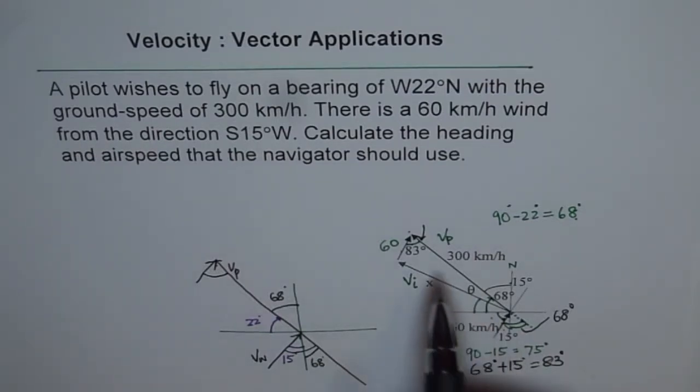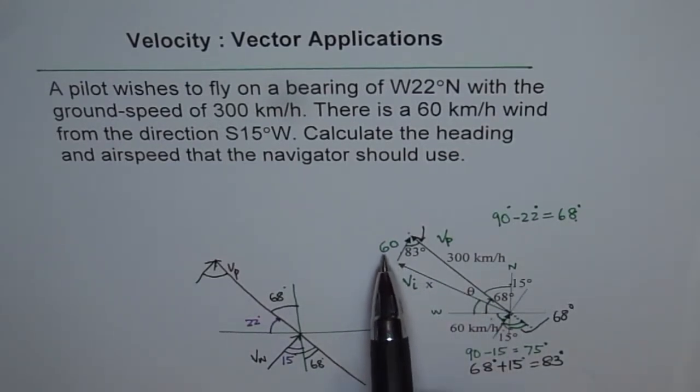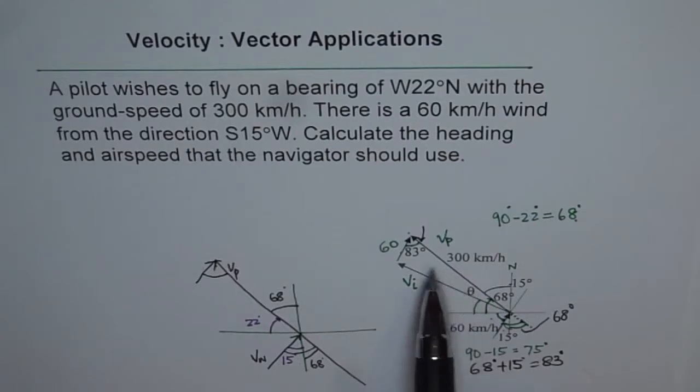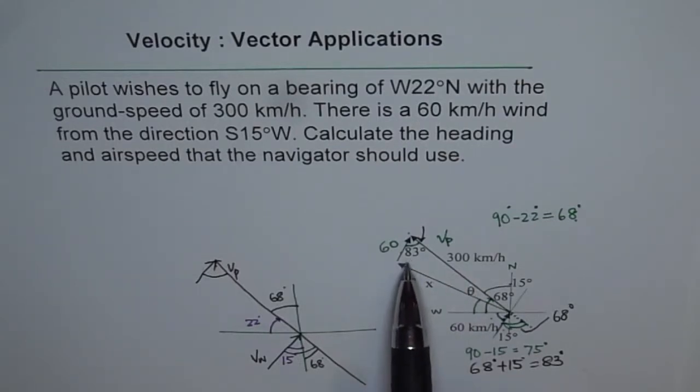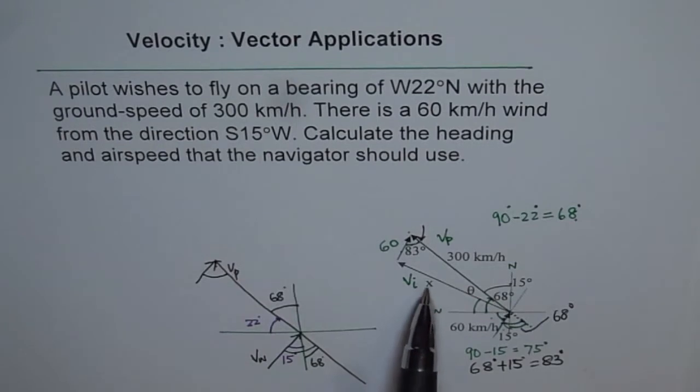So we have this diagram here in which we know two sides, 60 and 300, and the included angle is 83 degrees. And now when we know this, we can use the cosine law to find the other side, which I have written as x, correct?